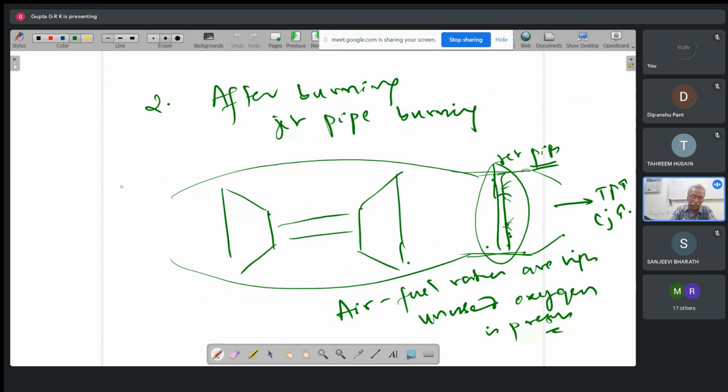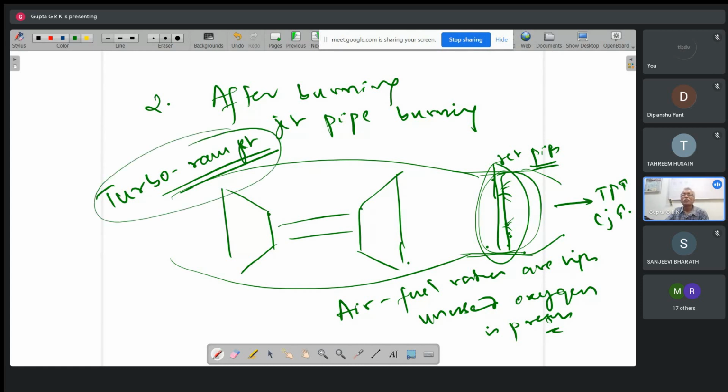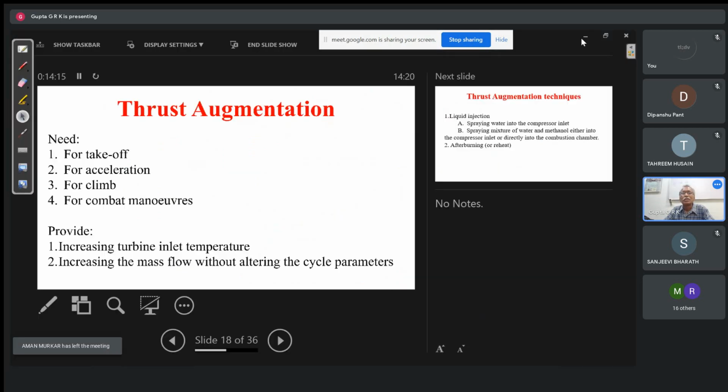And sometimes this is called turbo ramjet. What is ramjet? It is only just burning the fuel at the end. So this is like a ramjet, adding a ramjet to the turbojet. So sometimes this is called turbo ramjet, a turbojet with afterburning or jet pipe burning. Okay, this is what I like to tell.